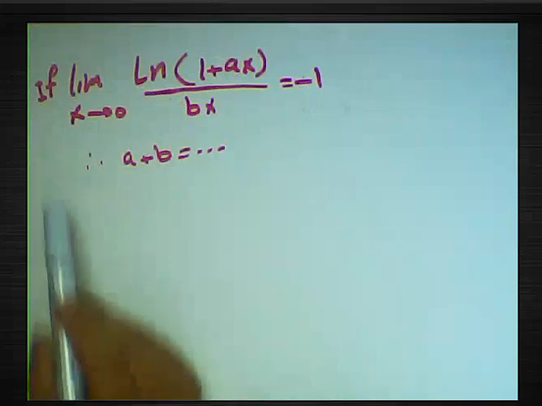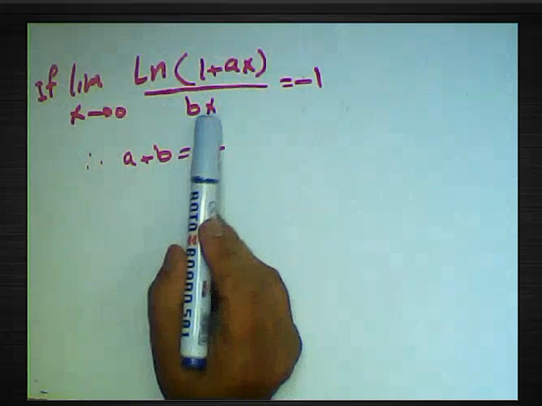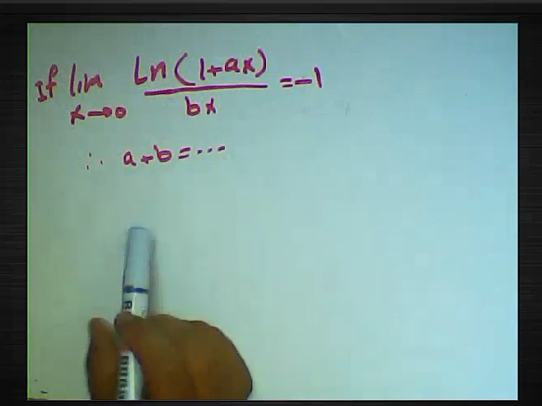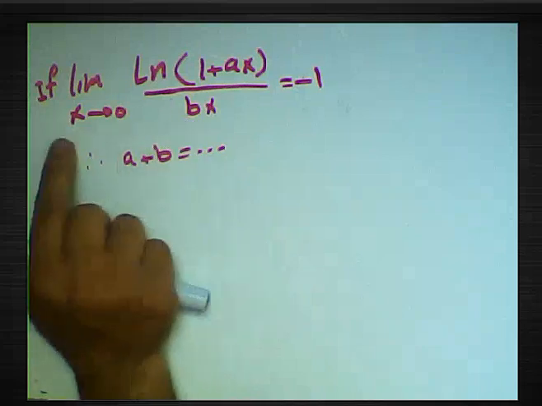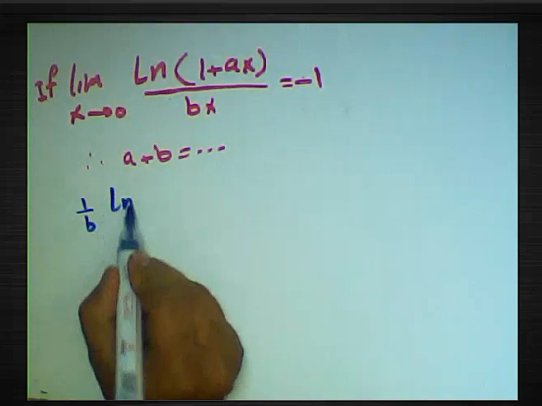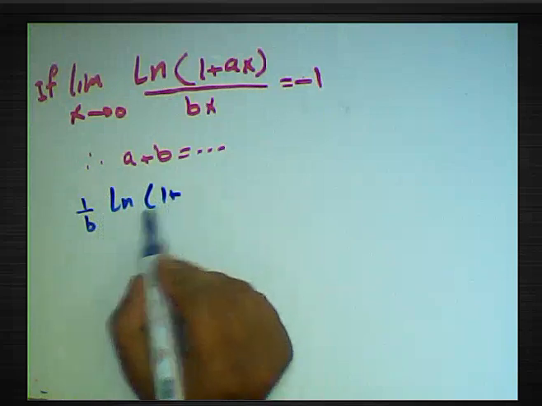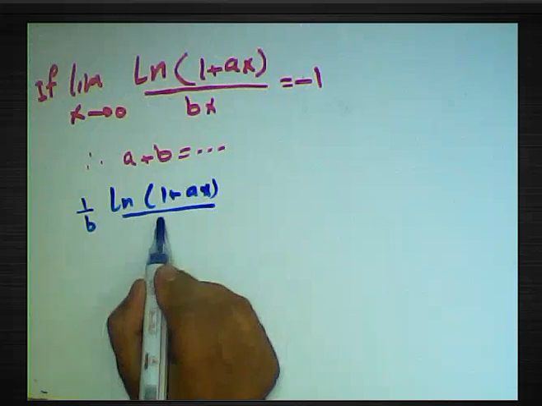if the limit x approaches 0 of ln(1 plus ax) over bx equals negative 1, then a plus b. We know b in the denominator, we can write it outside here. We can write here 1 over b multiplication by ln(1 plus ax) over x.